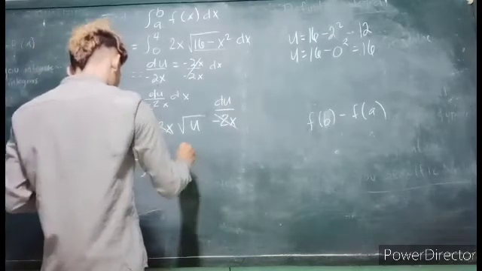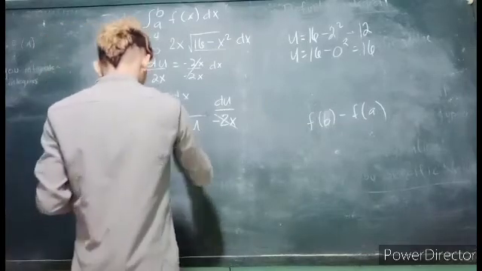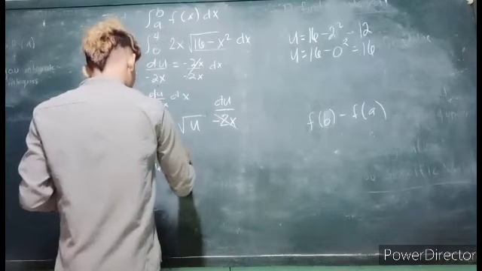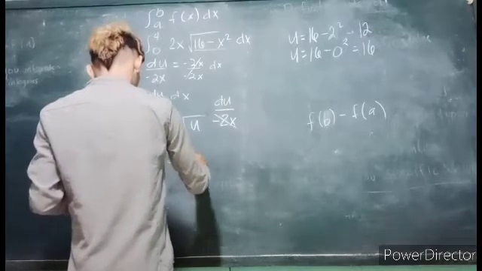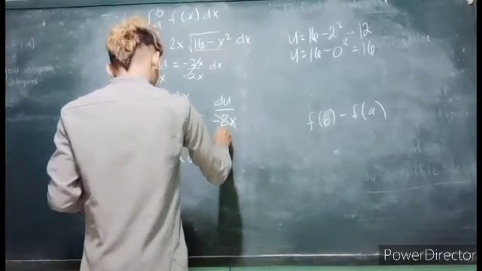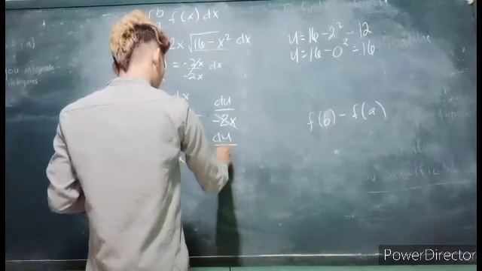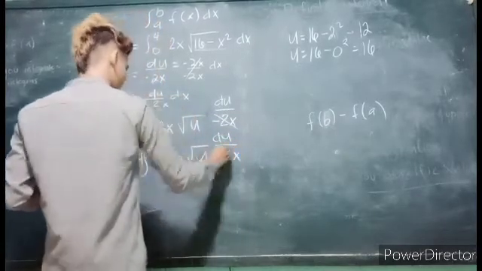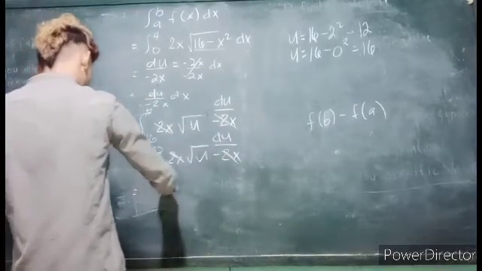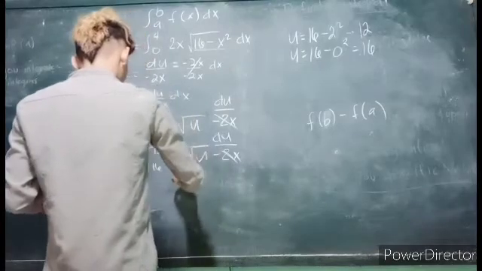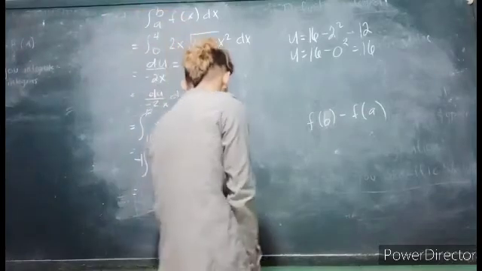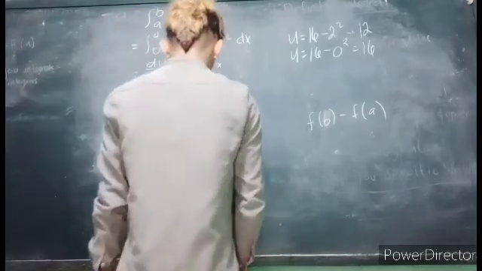Next, put the result before the definite integral. So negative 1, from 16 to 12, the integral of the square root of u du, because the 2x has been cancelled.